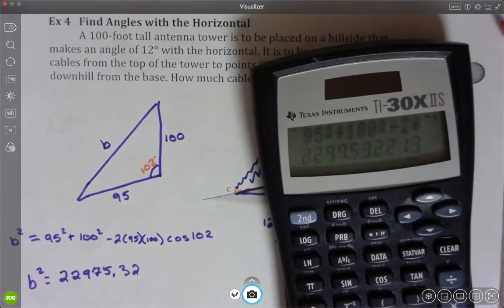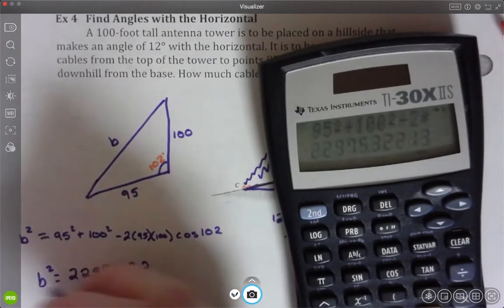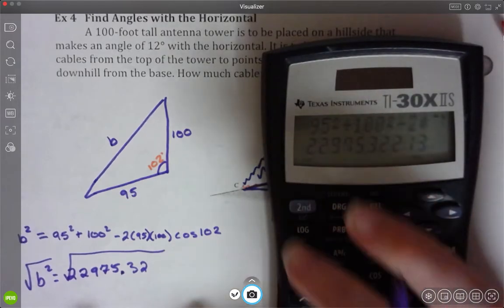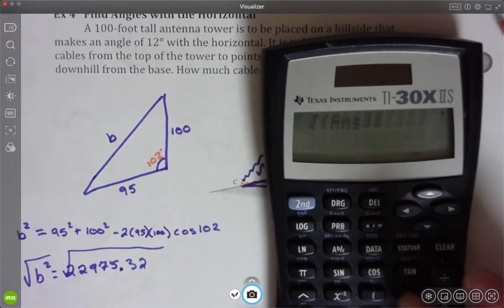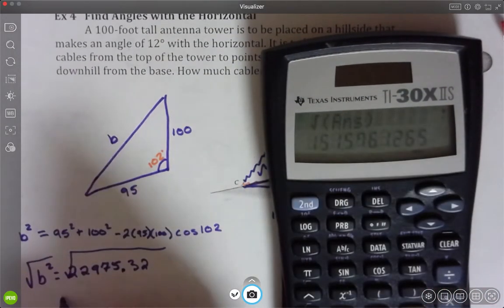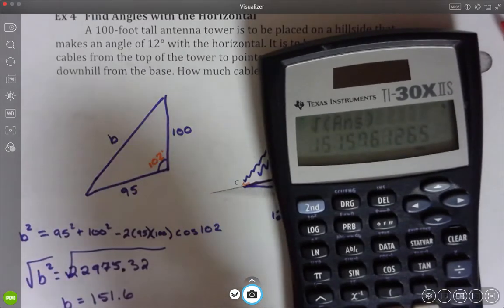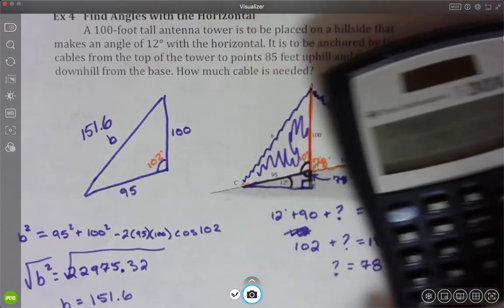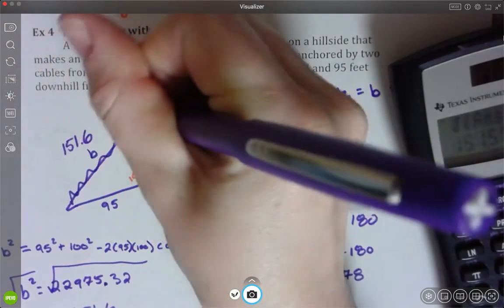But that's not what b is exactly. I want to take the square root of that. So I'm going to do the square root of my answer, and b is 151.6, let's say. That's how long that cable is for b, that length there.